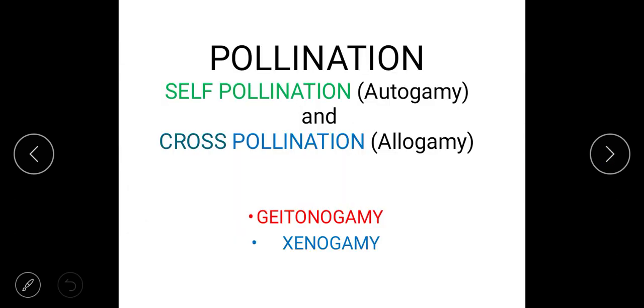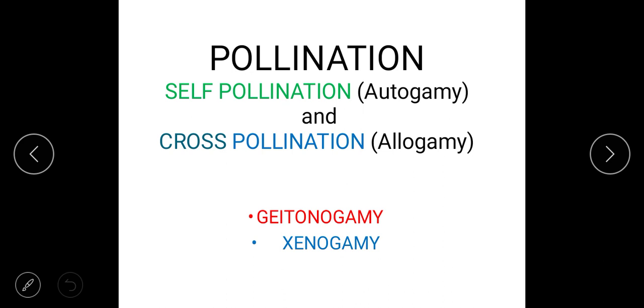After the formation of the female gametophyte, we come to pollination, which is essential now because fertilization has to take place. Pollination is of two types, self-pollination and cross-pollination. I think you are aware of the term pollination: the transfer of pollen grains from the anther to the stigma. Self-pollination is also known as autogamy, and cross-pollination is known as allogamy.